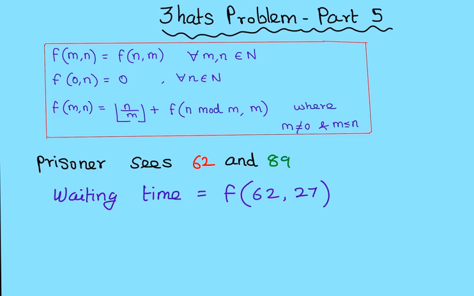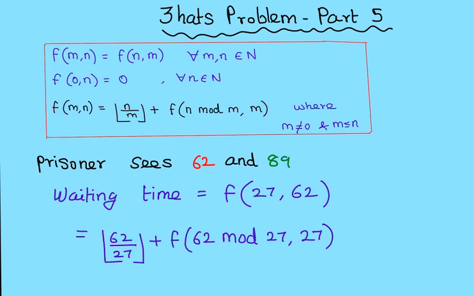Since f of m comma n is equal to f of n comma m, f of 62 comma 27 is f of 27 comma 62. F of 27 comma 62 is floor of 62 by 27 plus f of 62 mod 27 comma 27, applying the function definition. 62 mod 27 is 8.